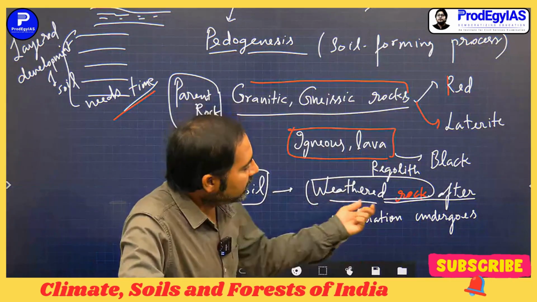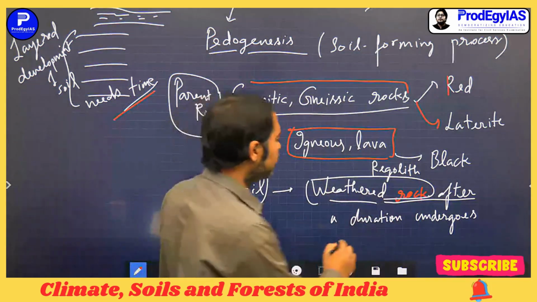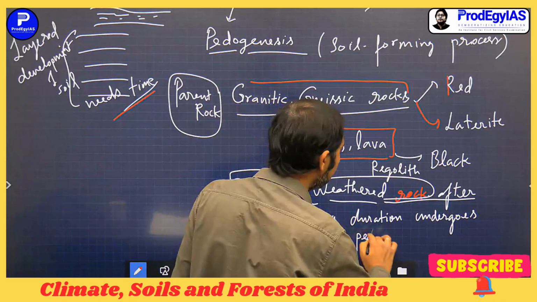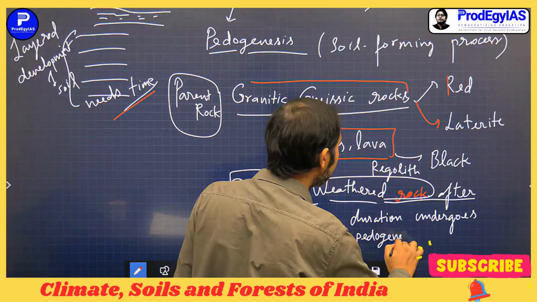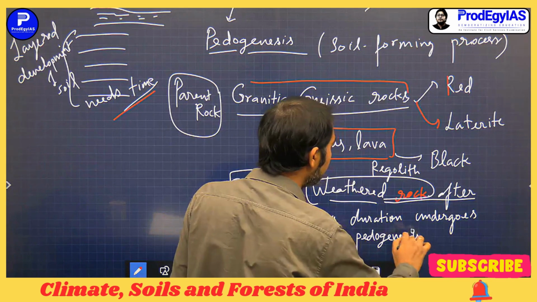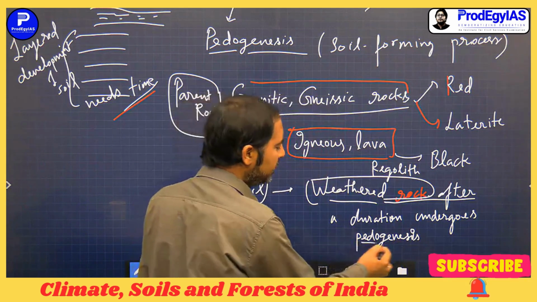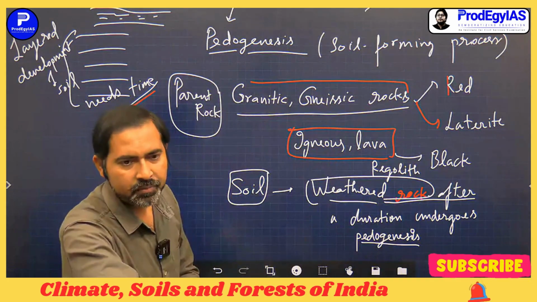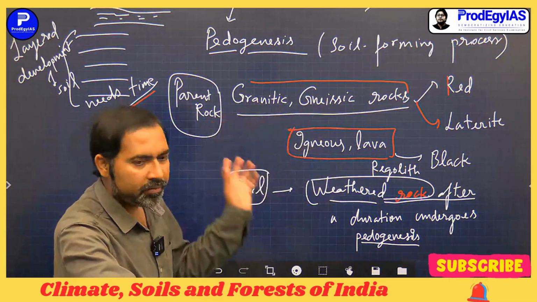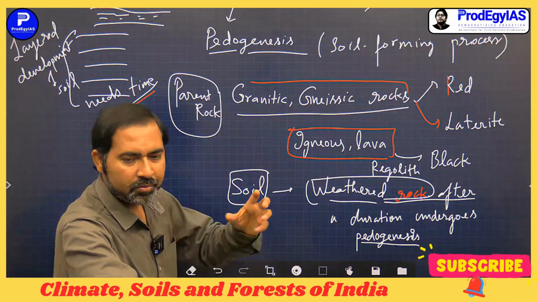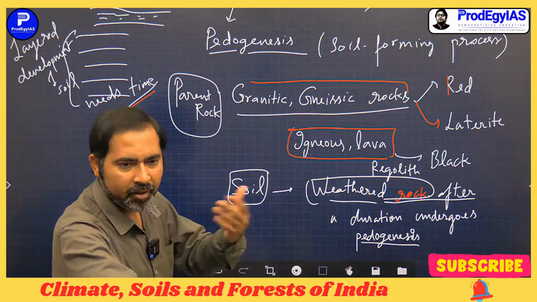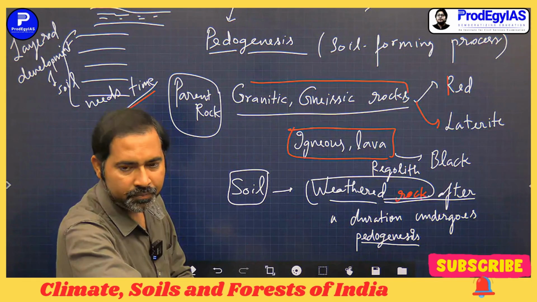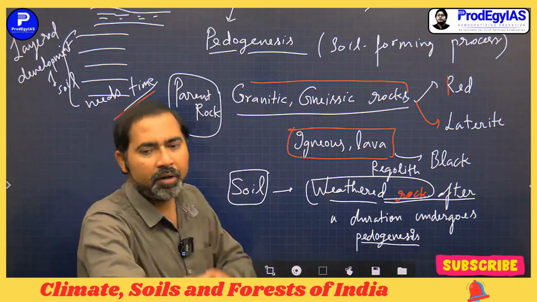So weathered rock after a duration undergoes pedogenesis. Pedogenesis means soil forming process. It includes many types of procedures, like mixing of those dead remains that develops humus in the soil with the infiltration of water.